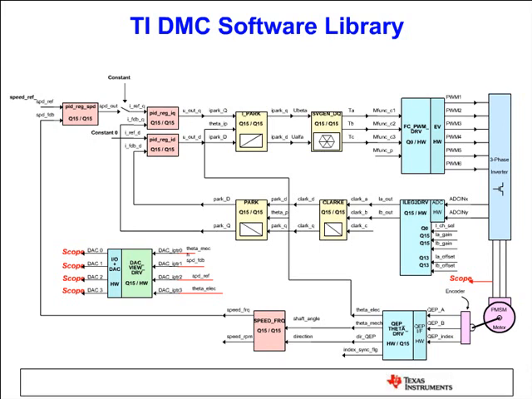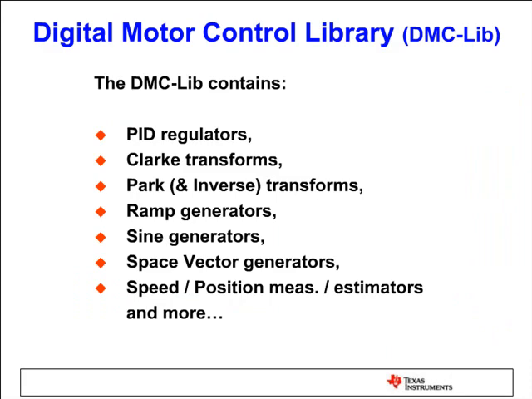So we have very well defined block diagrams, software modules, libraries, application notes, and almost everything that we need for motor control: PID regulators, Park and Clark transformations, ramp generators. We have almost 30 different, very basic digital motor control software modules ready to use, and we get very positive feedback from the customers.